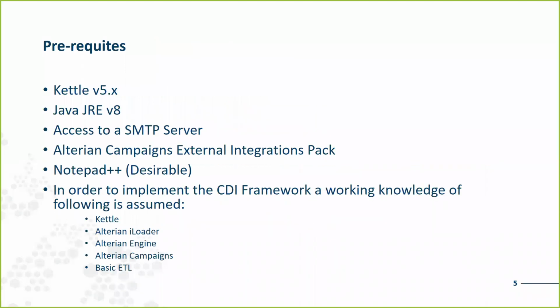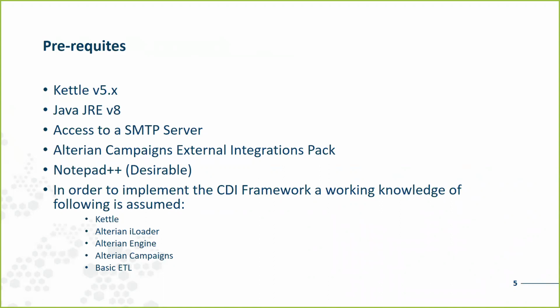So the prerequisites for the framework: we require Kettle version 5, Java version 8, and access to an SMTP server. The reason why we need this is that we send out email notifications saying the progress and any success or failures within the data load. We require the Alterian Campaigns External Integration Pack, which has all the plugins required to load data and interact with Campaign Manager and Engine.